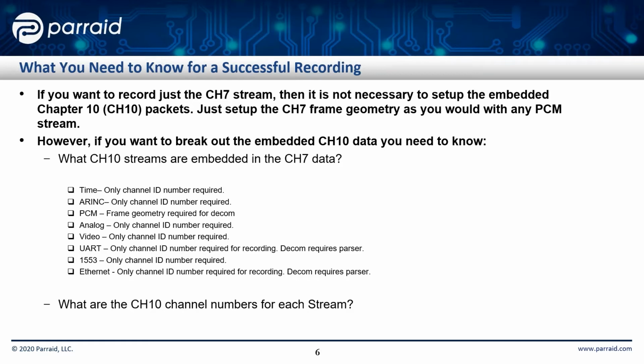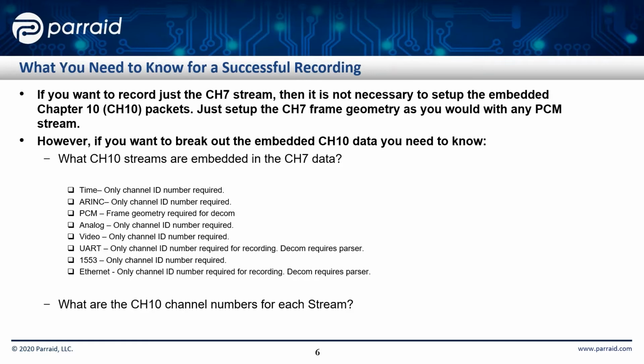However, if you want to break out the Chapter 10 packets from them, then you do need to know some specific things to get locks on the data. You need to know what type of data it is, and you need to know the Chapter 10 ID number. Now, that's embedded in the data as it comes down, so the software can fetch some of that information from you.